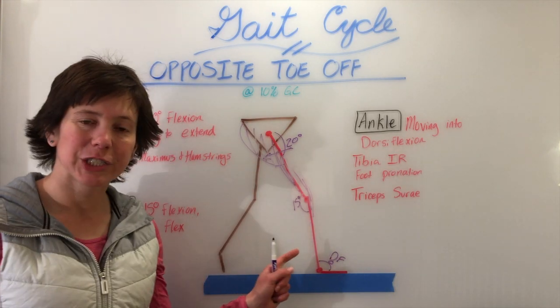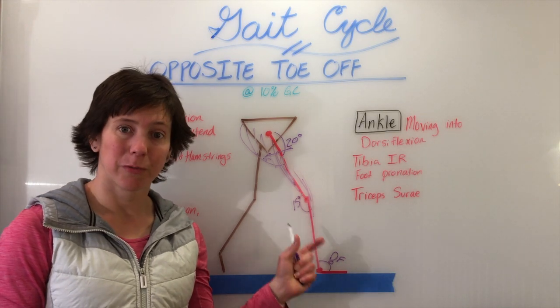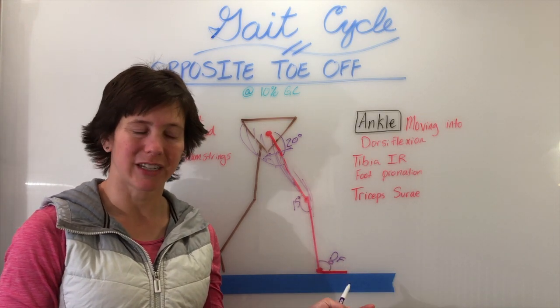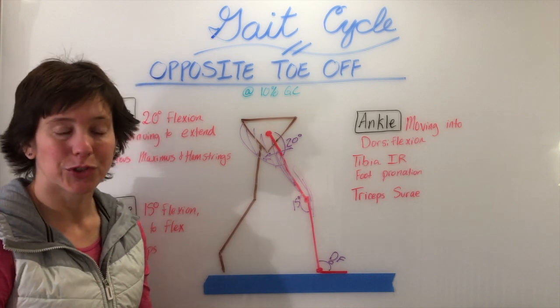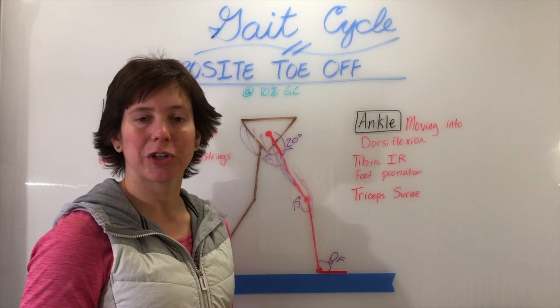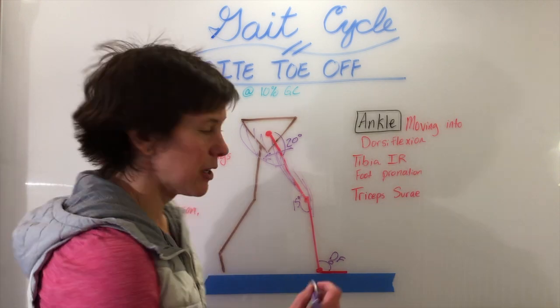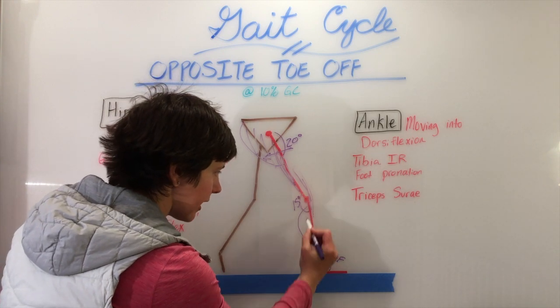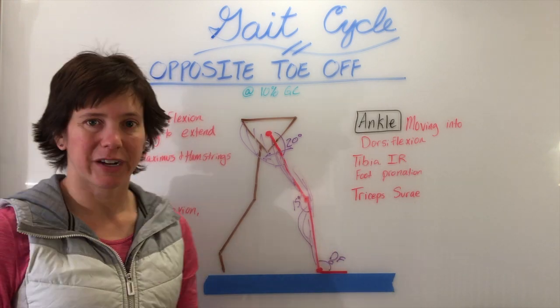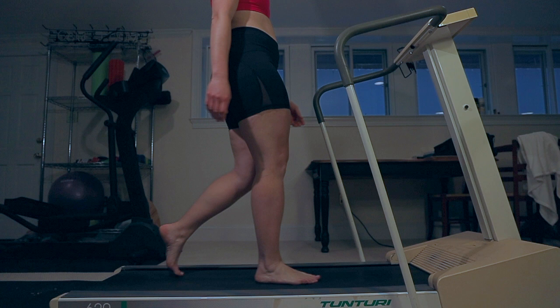The tibia is still internally rotating, which means the foot is pronating. And now the triceps surae, which is the gastroc, soleus, plantaris, all those muscles back here in your calf, are now firing.